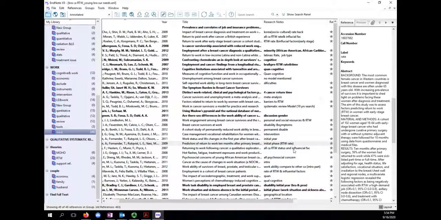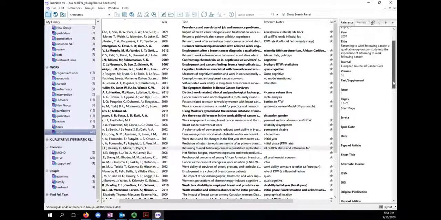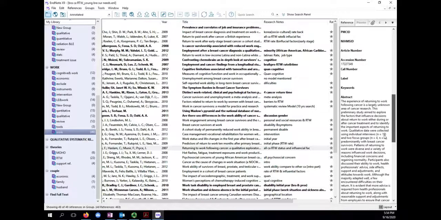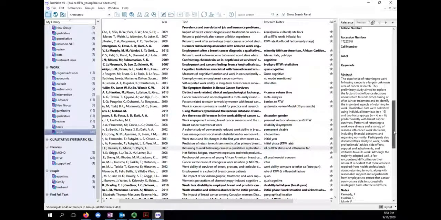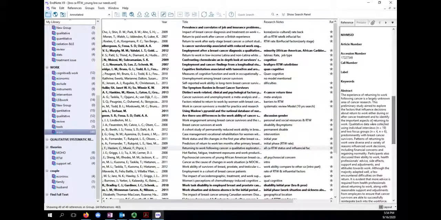And you keep looking, maybe a third article, and they're looking at this preliminary study aimed to explore the factors that influence decisions about return to work. And you look at all these articles, they are talking about the factors.